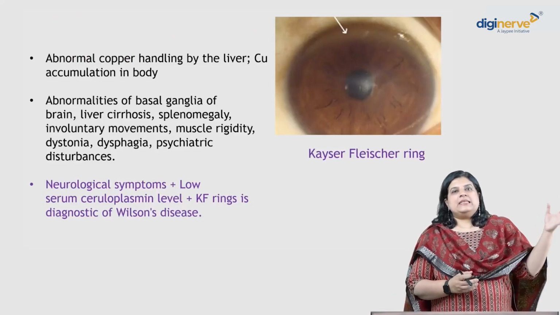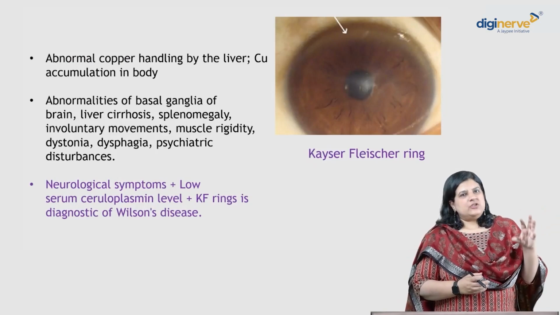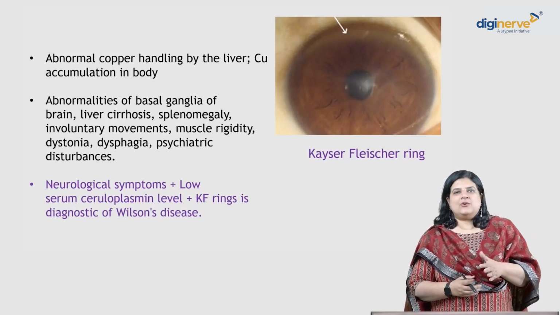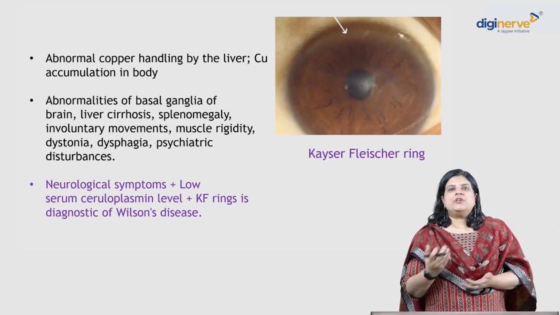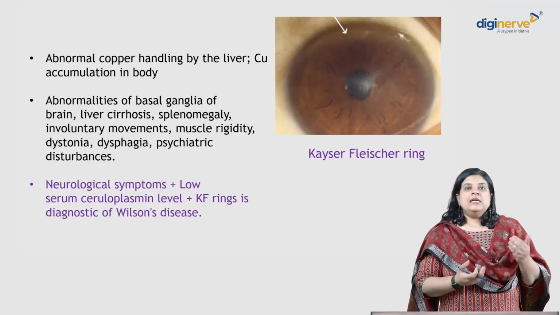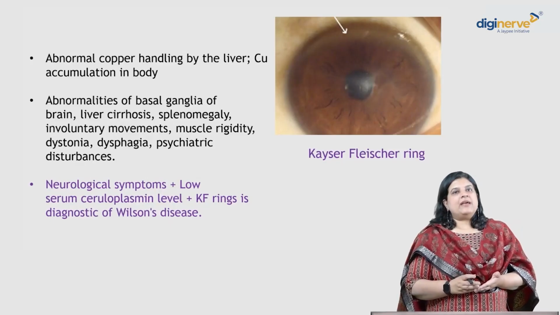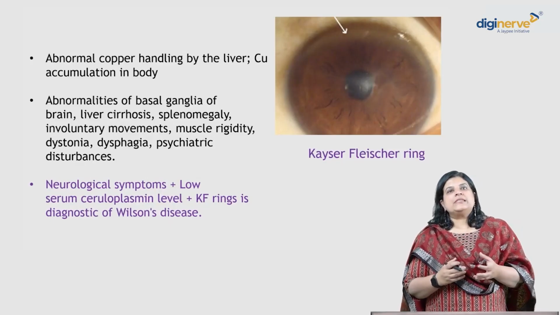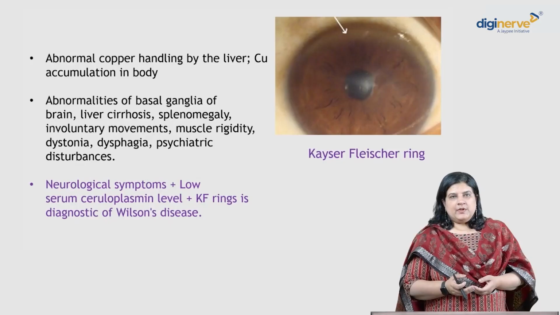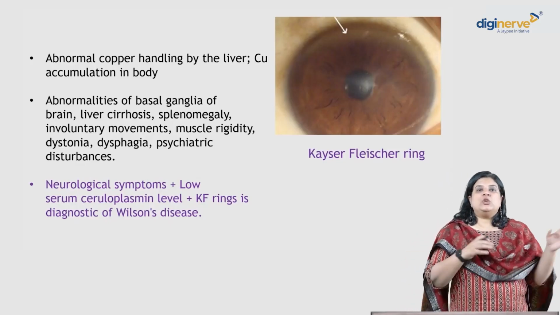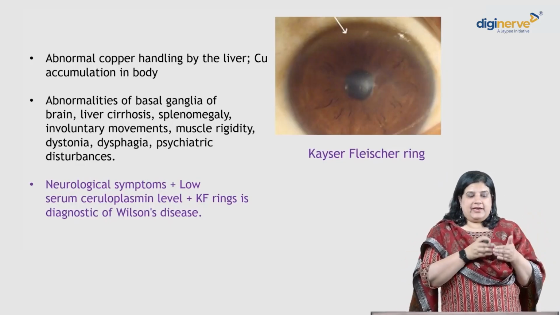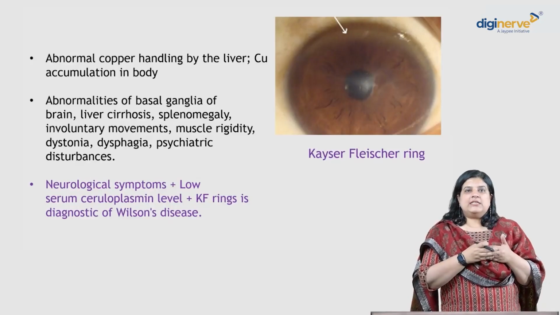Remember that this Kayser-Fleischer ring is actually seen in a disease entity called Wilson's disease, and that's what we are trying to rule out. This is happening because there is abnormal copper handling by the liver, and this copper is getting accumulated in our body. Now, this also gets accumulated in the basal ganglia in the brain, and there is associated liver cirrhosis.